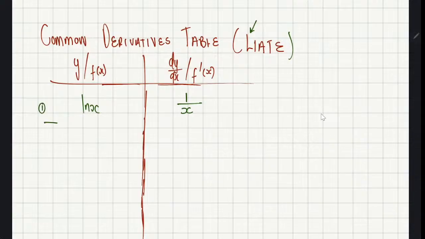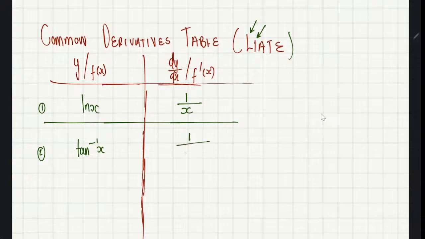Okay? Then what does I represent? Inverse trig. Which inverse trig should we know? Tan inverse of x. What do we get when we differentiate it? 1 over 1 plus x squared.